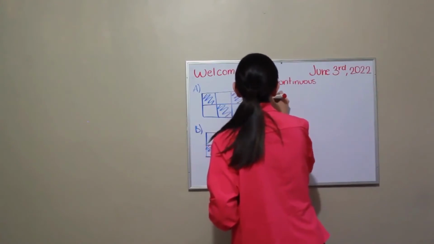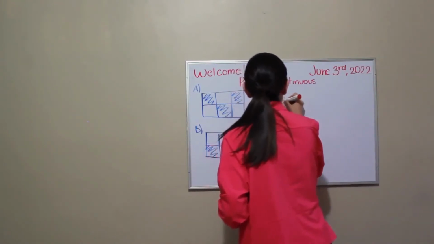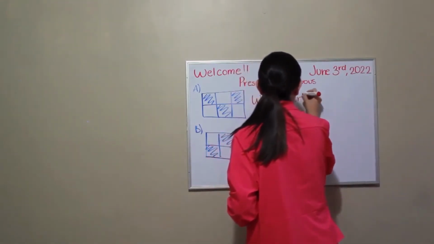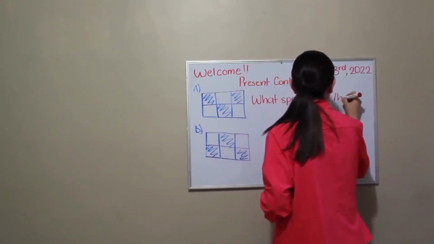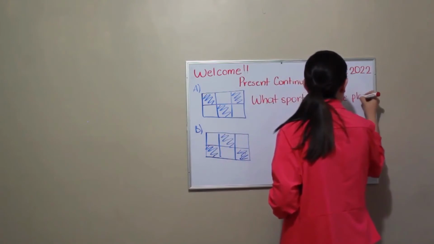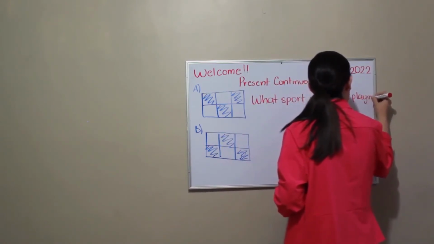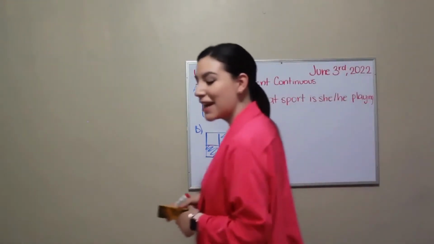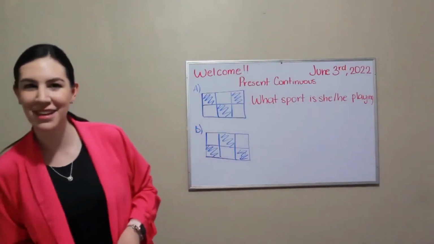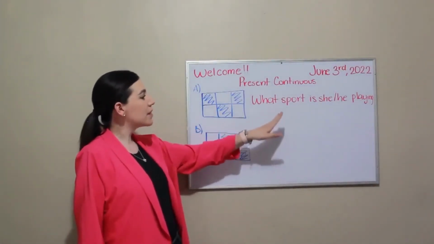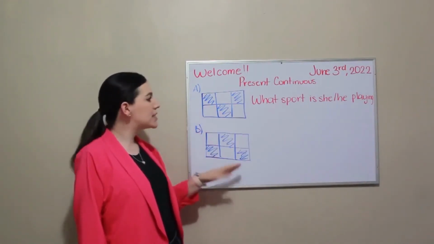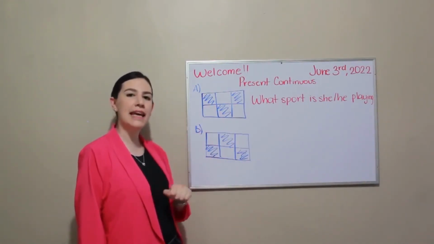But it's a question? Yeah, it is a question. What sport is she or he playing? Remember, that is playing with ing, right? Yes. Because we're learning the present continuous. So the question is going to be, what sport is he or she playing?